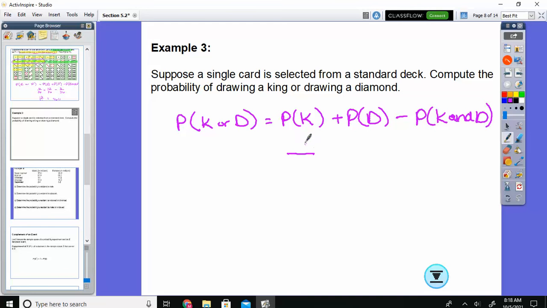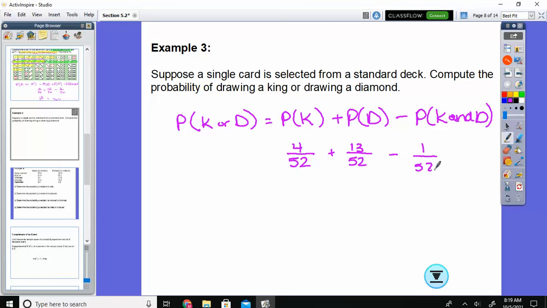Okay, so the probability of king. How many kings are in the deck? Out of how many total cards? Plus probability of diamond. How many diamonds are in the deck? Out of 52, minus. How many cards are both a king and a diamond? 1, just the king of diamonds. So that got counted twice.